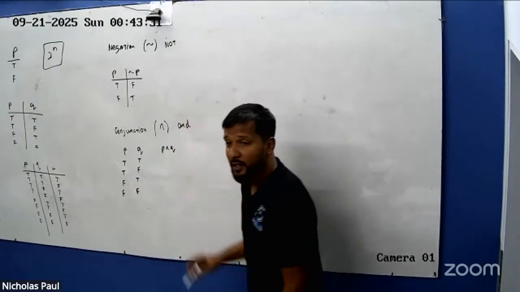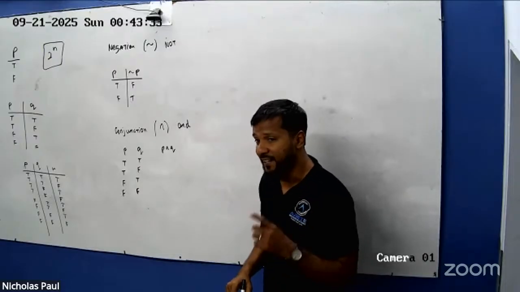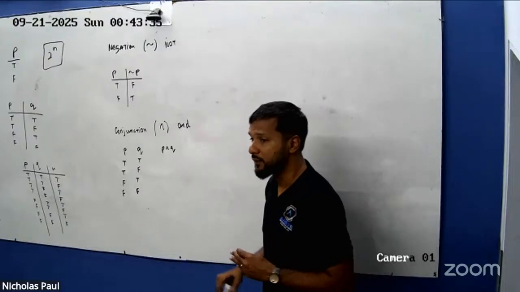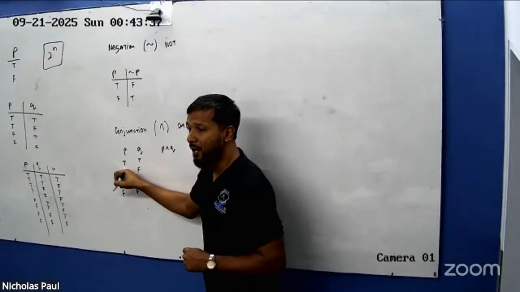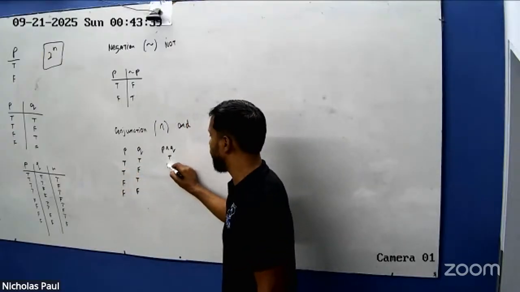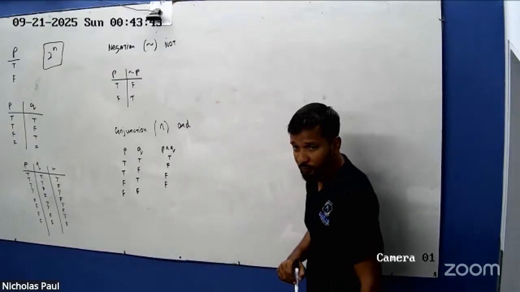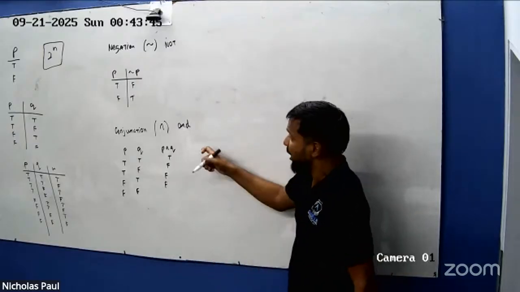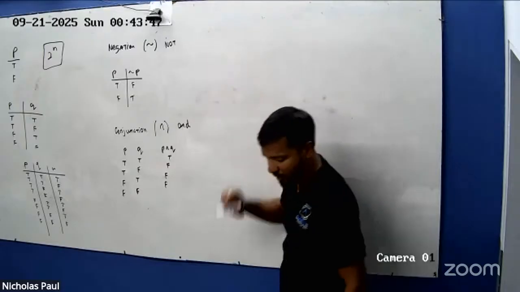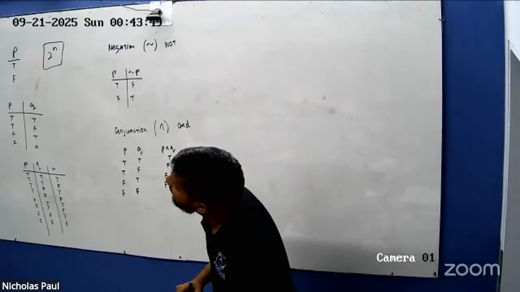If you remember, the AND gate is only true when both of them are true. So here it will be true, false, false, false. Okay? So that's conjunction, and that's negation.